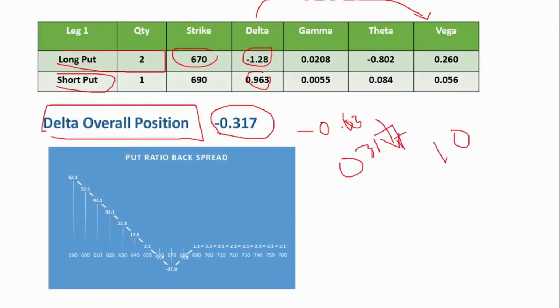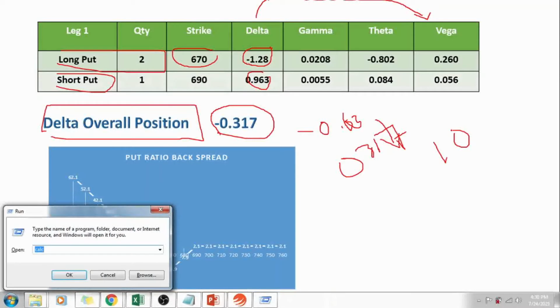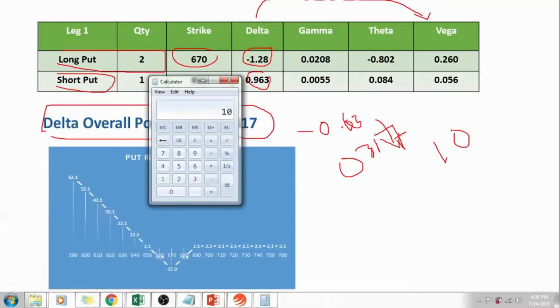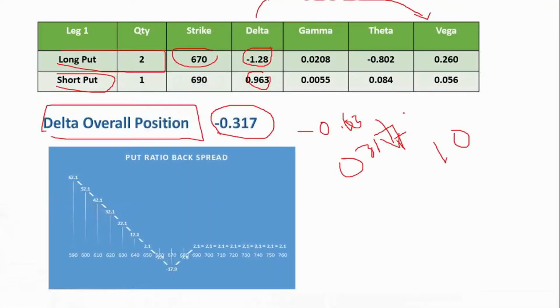Delta captures the rate of change of value in the premium. For example, if the underlying moves down 10 rupees, what would be the premium increase? Simple, 10 into 0.317, so about 3 rupees 17 paise of premium will increase.